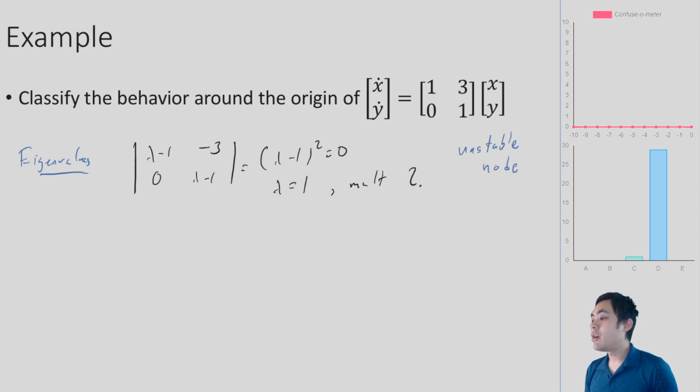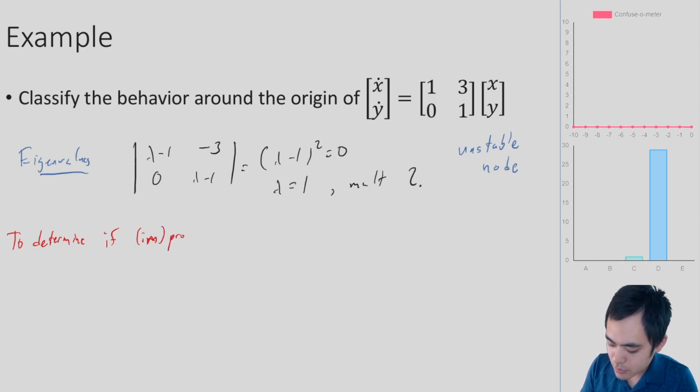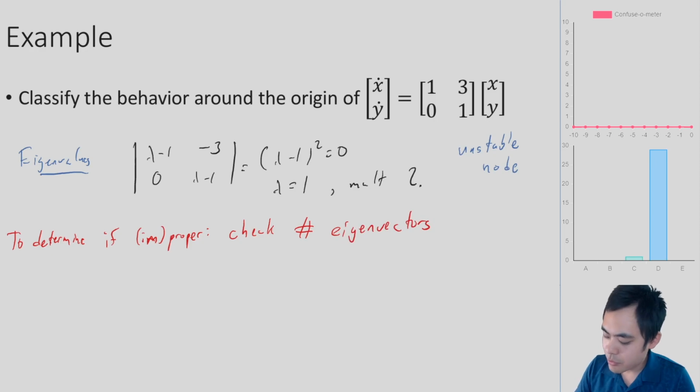But sometimes I might ask you to classify even further. If I ask you whether it is proper or improper, then you need to check the number of eigenvectors. So we take [1, 3; 0, 1] times (x, y).